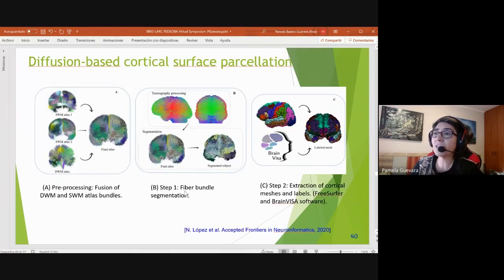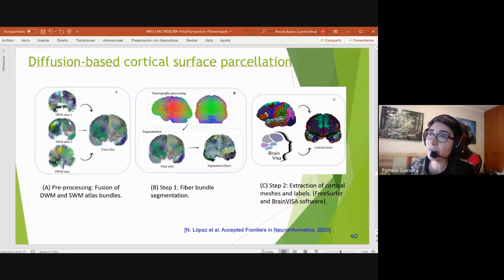And also another kind of study that we can perform with diffusion tractography is to perform parcellations of the cortical surface. I show here just one approach, but there are also several approaches.